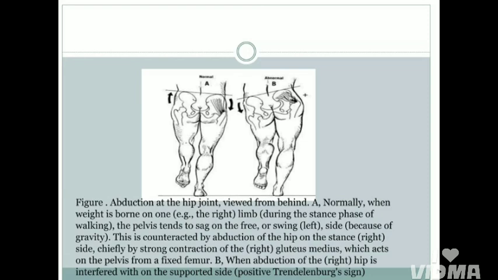This is counteracted by abduction of the hip on the stance right side, chiefly by strong contraction of the right gluteus medius, which acts on the pelvis from a fixed femur. When abduction of the right hip is interfered with on the supported side, it gives a positive Trendelenburg sign.